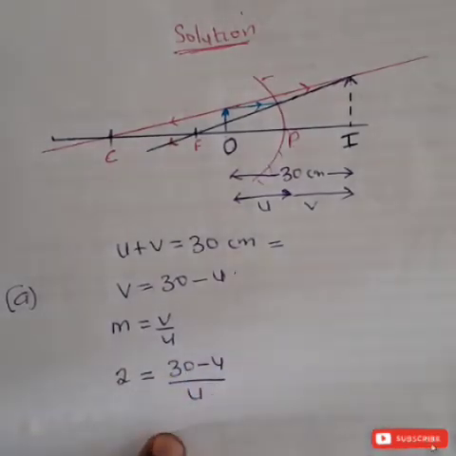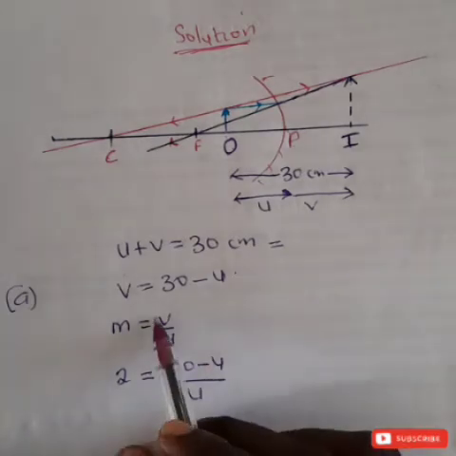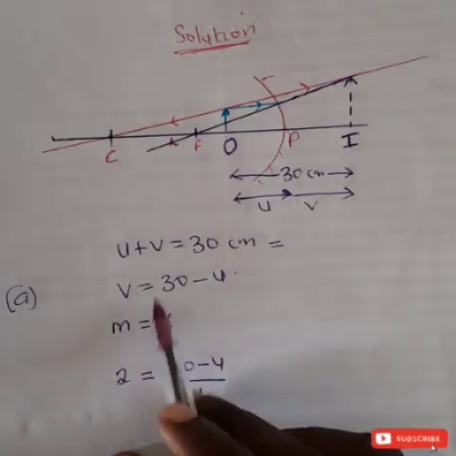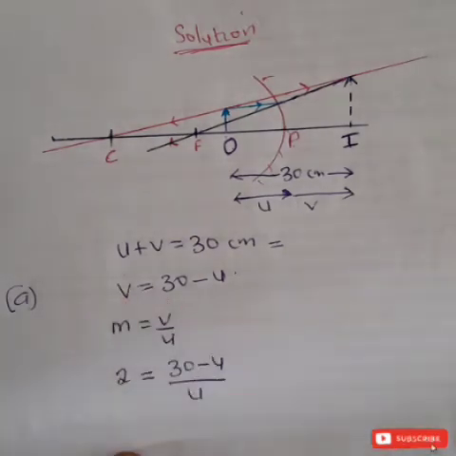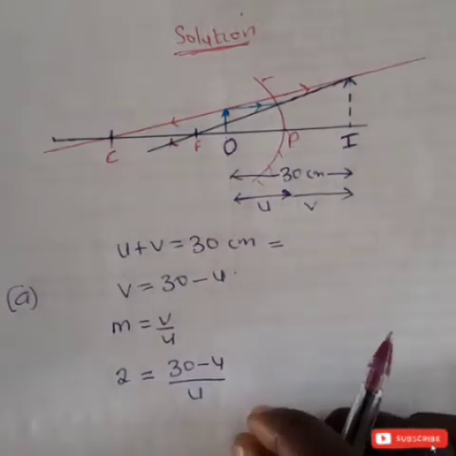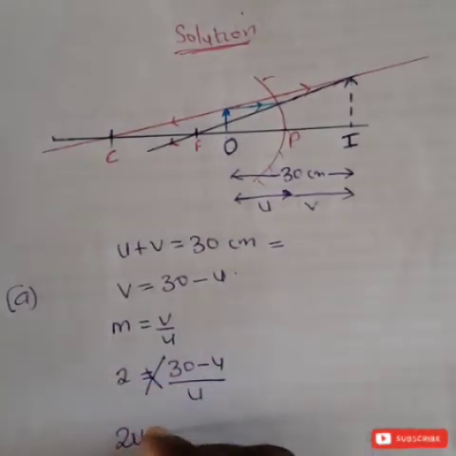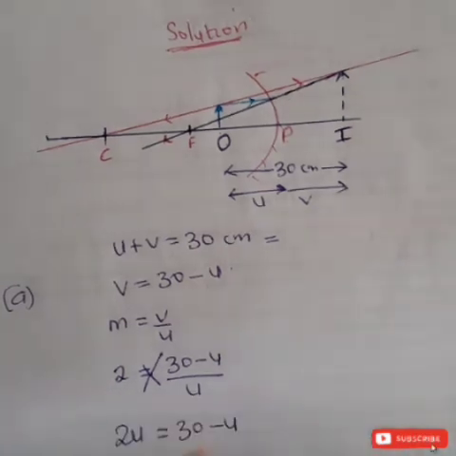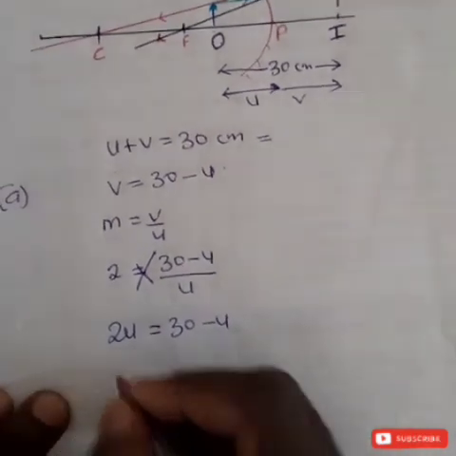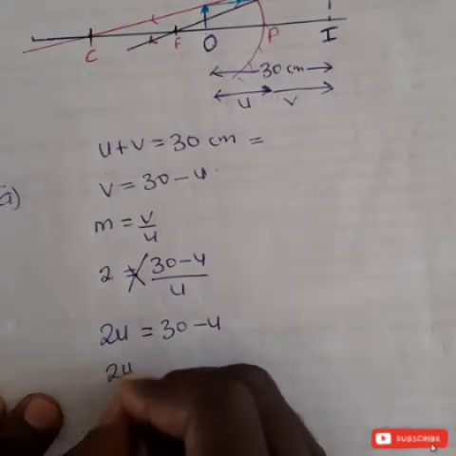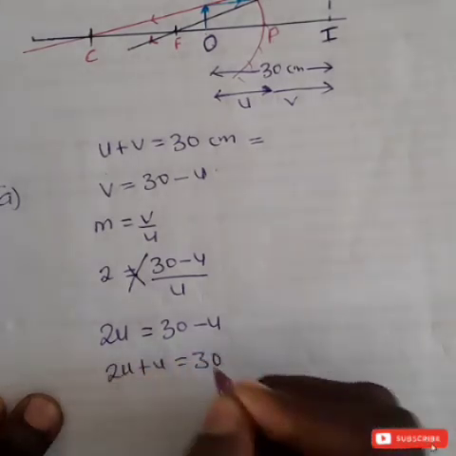Now, there's something I want you to know. You notice that I did not include the negative sign on this. You don't need that when you're calculating magnification, except if you are using the new Cartesian rule. So we are using real is positive here. When I cross multiply, I'm going to have 2U equals 30 minus U. When I bring this over, I'm going to have 2U plus U equals 30.